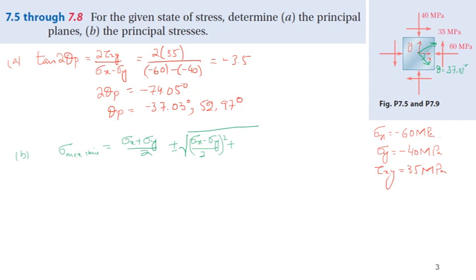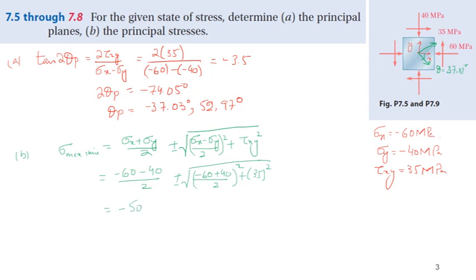So let's calculate: minus 60 minus 40 divided by 2, plus minus the square root of minus 60 plus 40 divided by 2 squared plus tau xy squared, that is 35 squared.